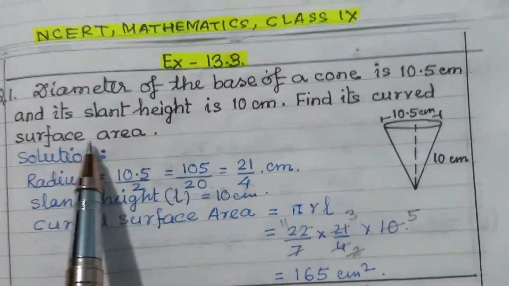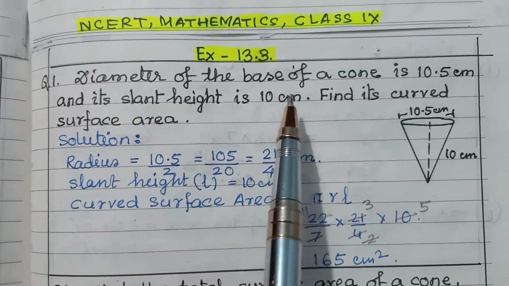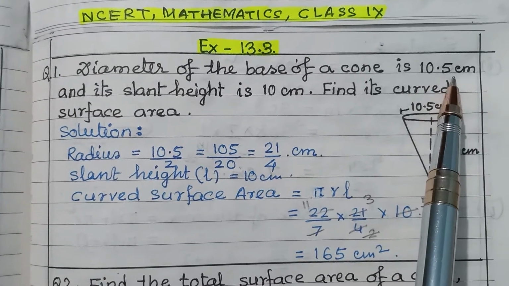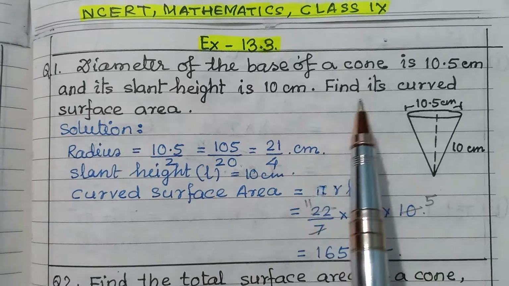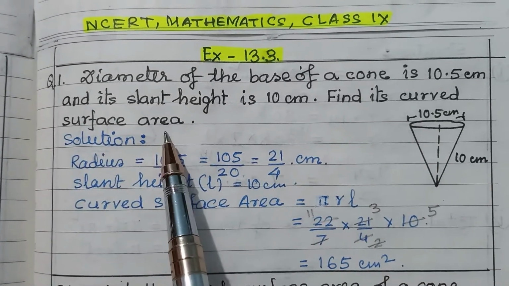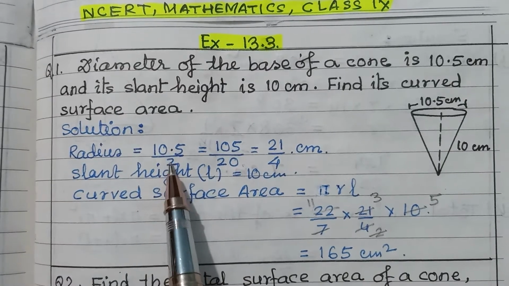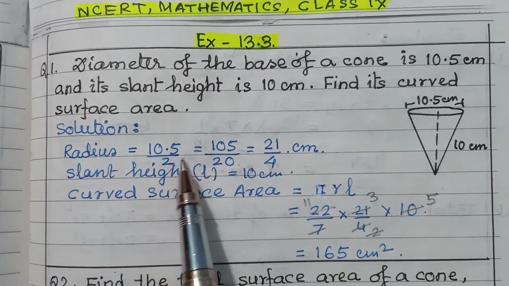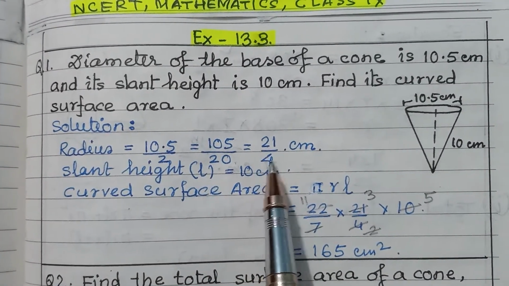Now the NCERT book solution, exercise 13.3. The first question: the diameter of the base of a cone is 10.5 centimeter and its slant height is 10 centimeter. Find its curved surface area. The radius is half the diameter; if you remove the decimal point, it is 105 upon 20, so it is 21 upon 4 centimeter.